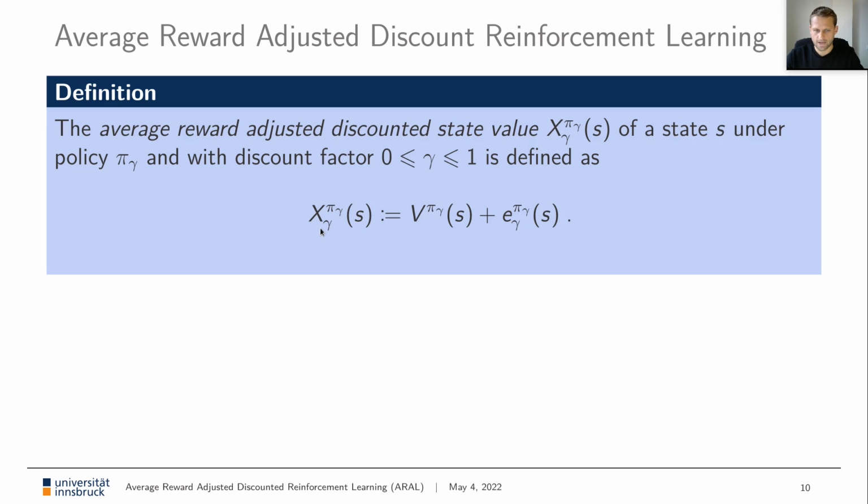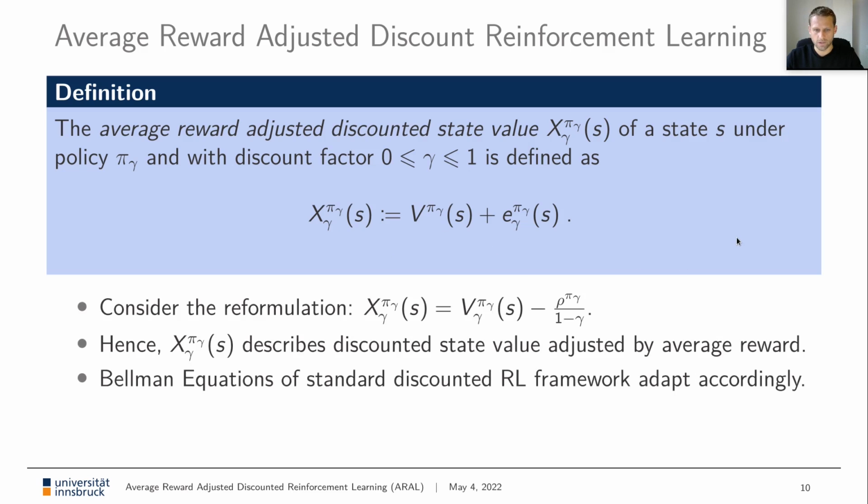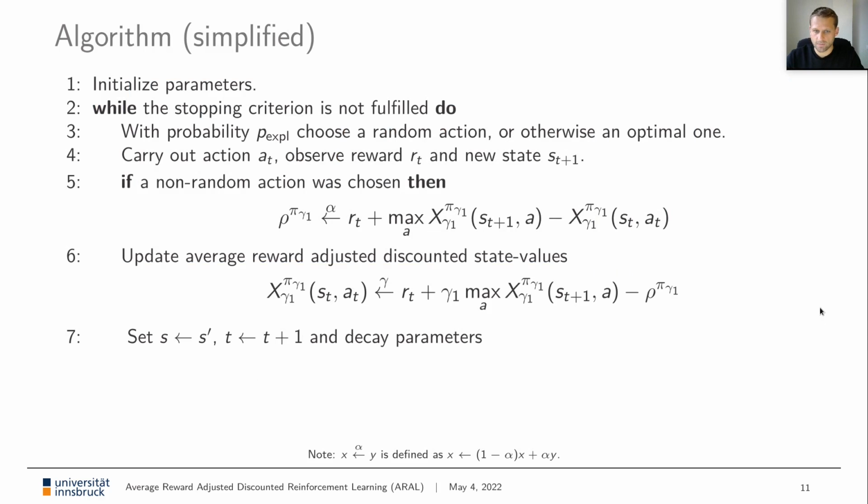This value x is given by the sum of the bias value and the error term, and the reformulation shows that this actually describes the discounted state value adjusted by the average reward. It's important to note that the Bellman equations of the standard discounted reinforcement learning framework adapt accordingly, which directly means that we can develop an algorithm.